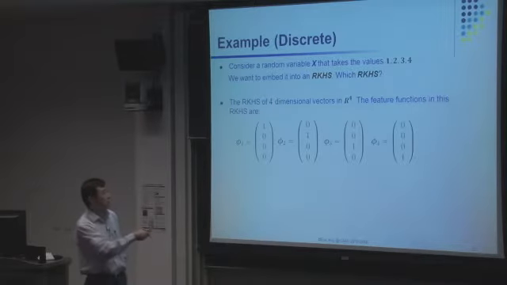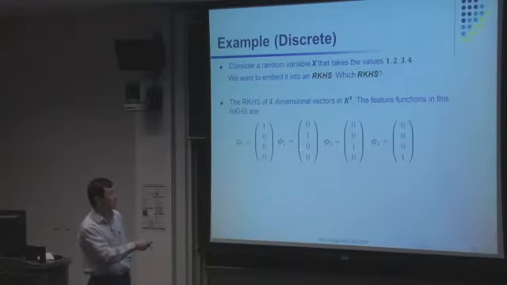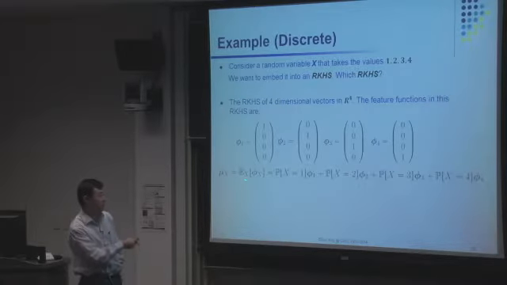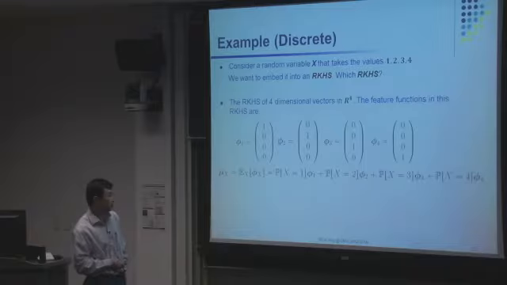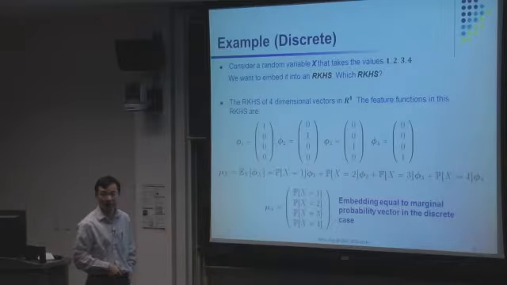I have the first transformation like this, the other point like this, the other one like this, and this for 4. Then my mean is basically the expectation of each of these mapped vectors, which gets us to this mean, which is the frequency of the events in every dimension. And that's already an interesting transformation.